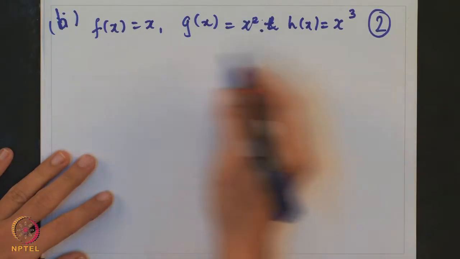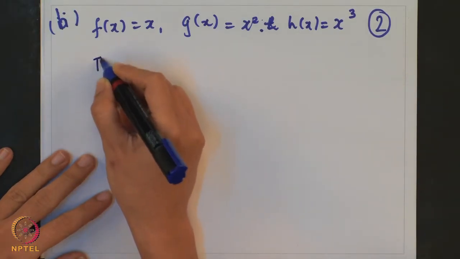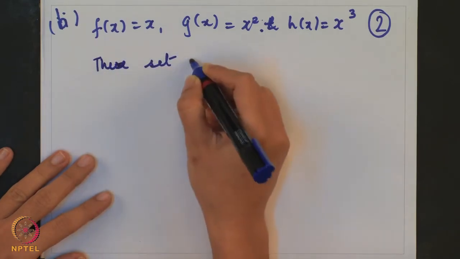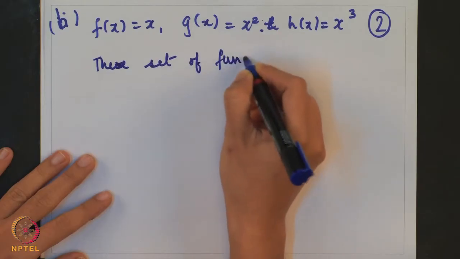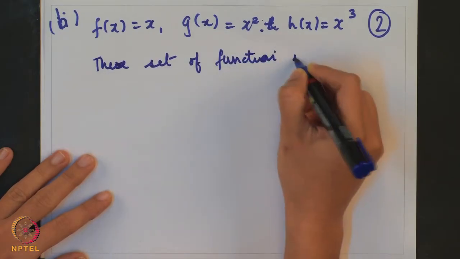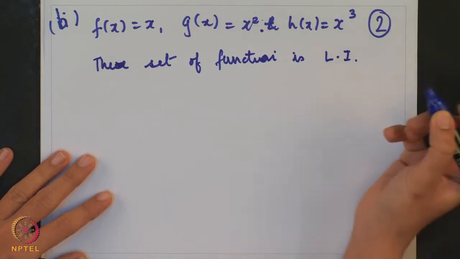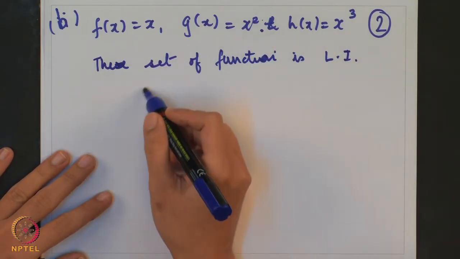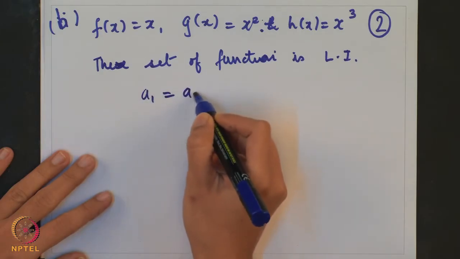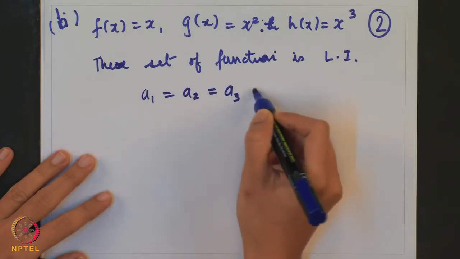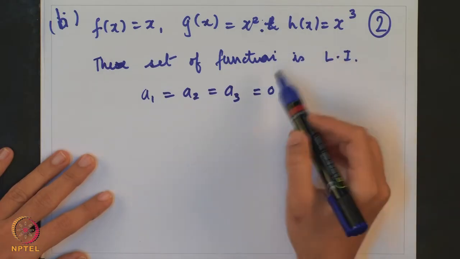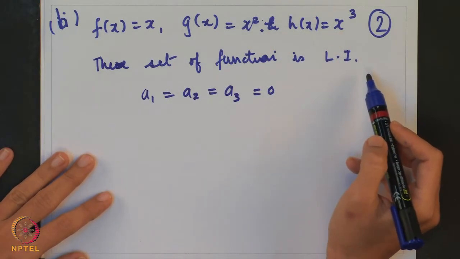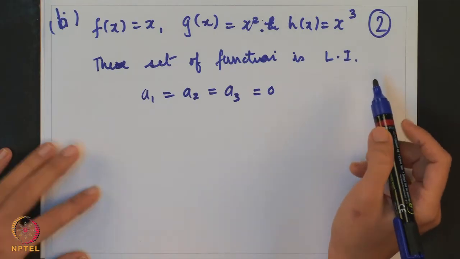It can be seen from here that the set of functions is linearly independent. When a1 is equal to a2 is equal to a3 is equal to 0, this is possible only when all the terms are 0, that means that it is linearly independent.